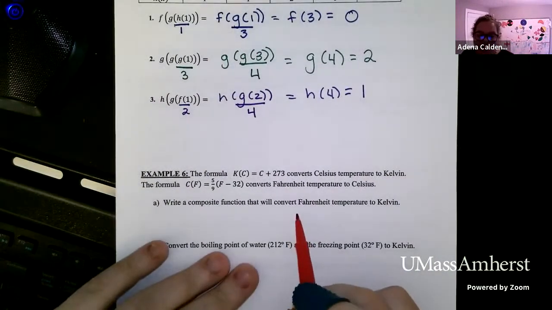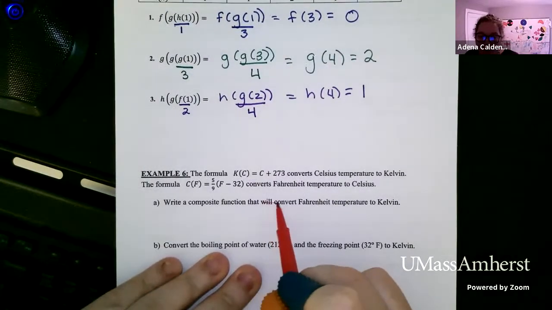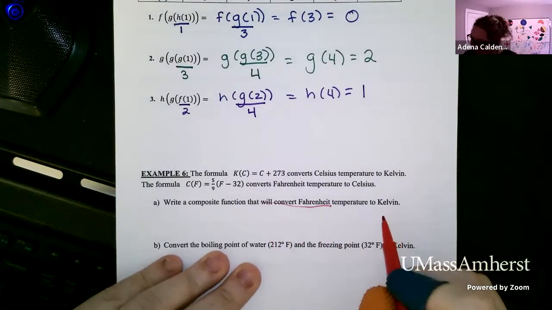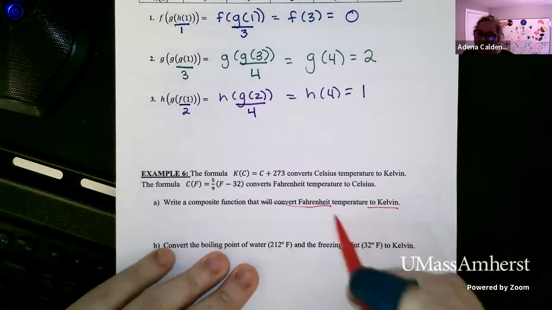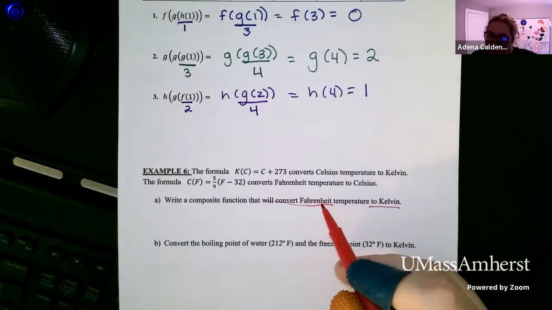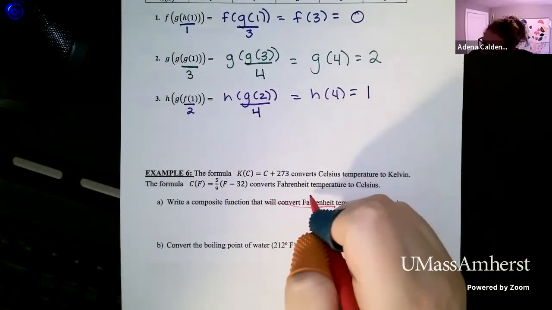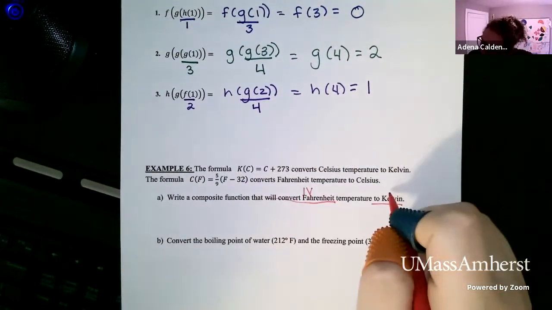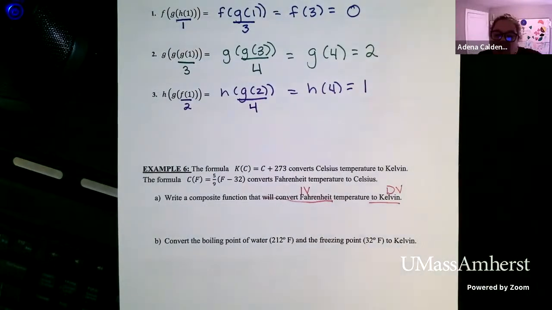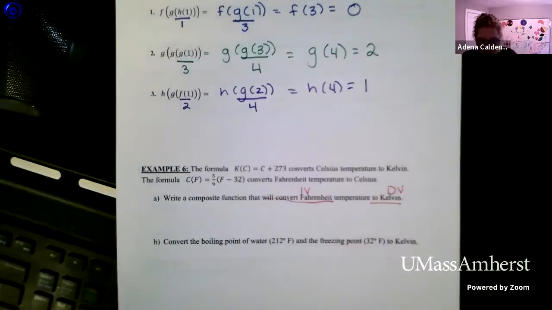So we really need to look at the wording here. We want to convert Fahrenheit to Kelvin. That means we are plugging something in for Fahrenheit and getting something out in Kelvin. So Fahrenheit should be our independent variable and Kelvin should be our dependent variable, our output.